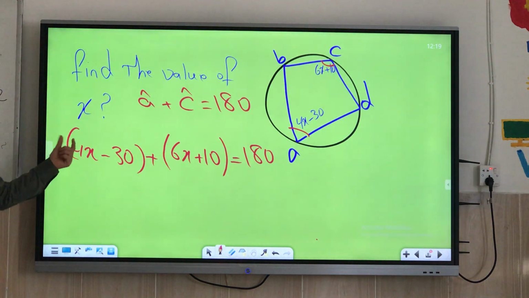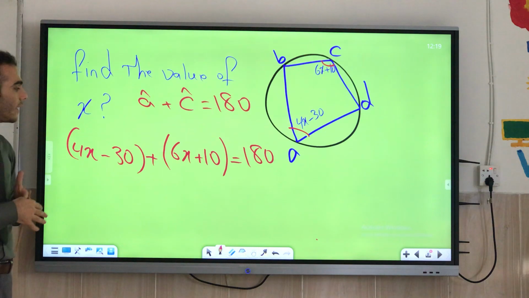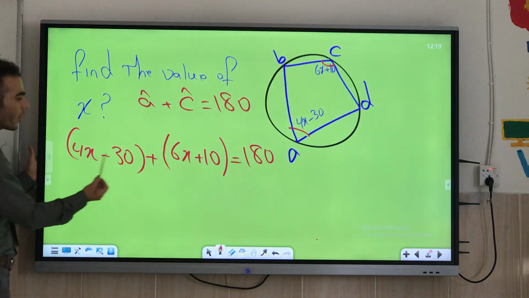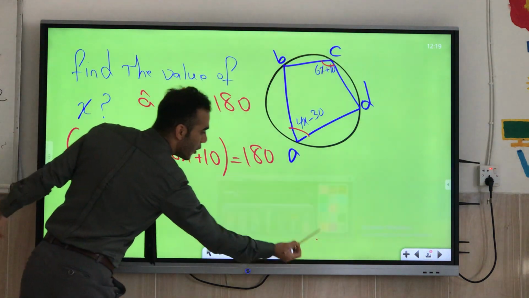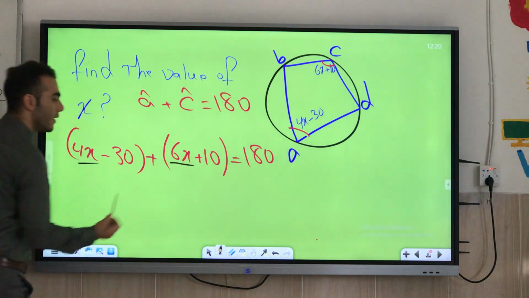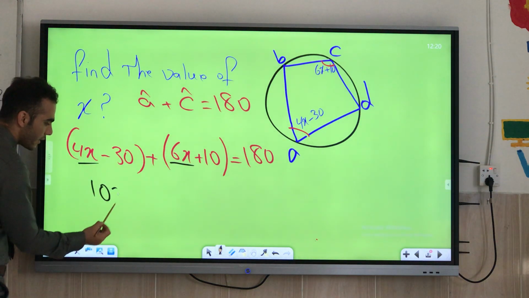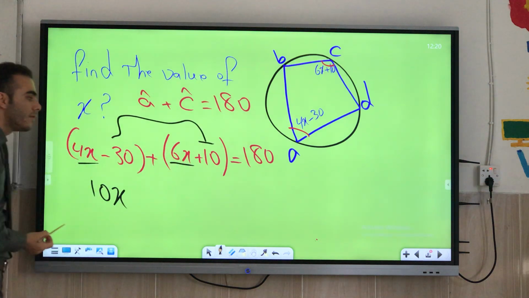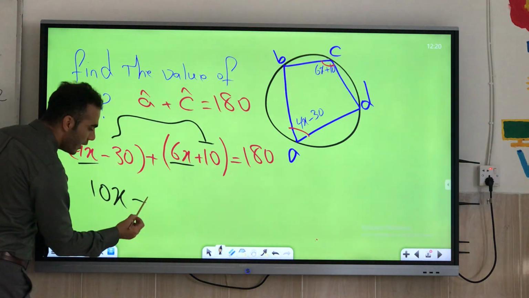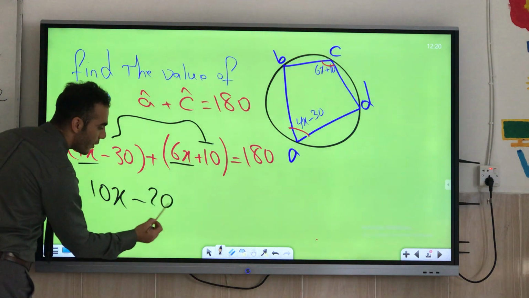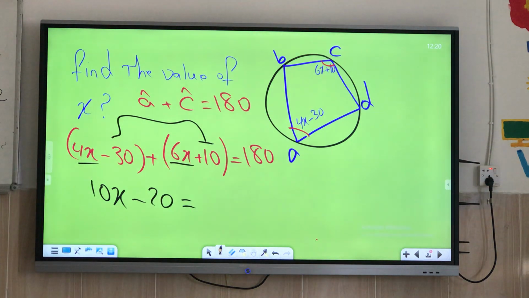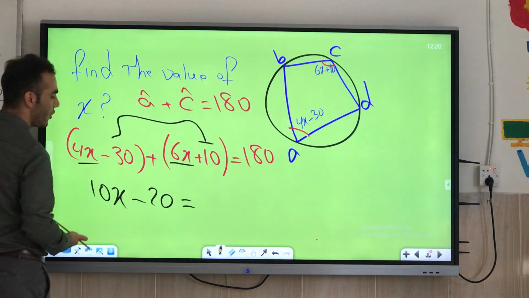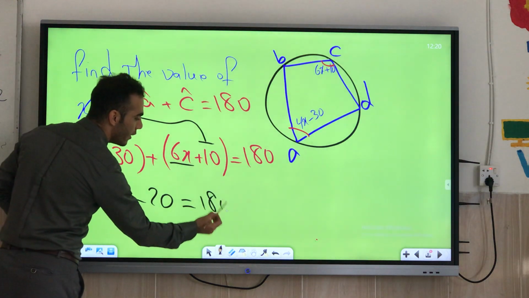Great. So like terms, we can add them. Here we have 4x and 6x, so they make 10x. Negative 30 and positive 10 make negative 20, because they have different signs, so we subtract them and keep the sign of the bigger term, which is negative. This equals 180.